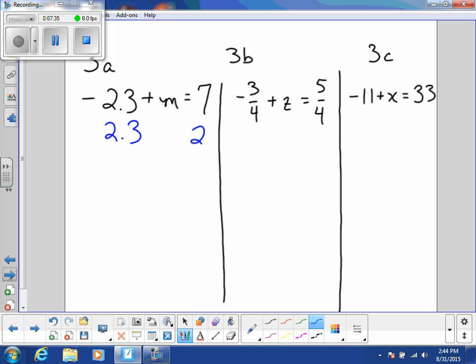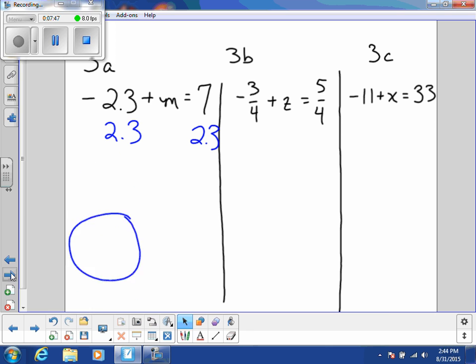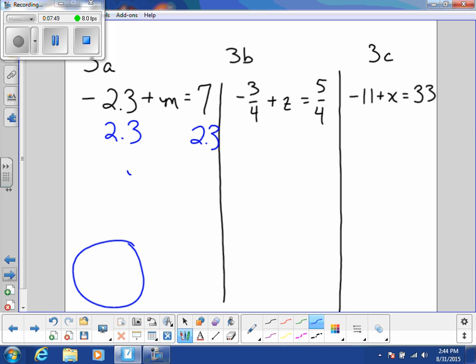If I do that on the left, I'm going to do it on the right. See how these two right here add up to 0? That means I have 0 plus m, which is just the same as m. On the other side, 7 plus 2.3 is 9.3.